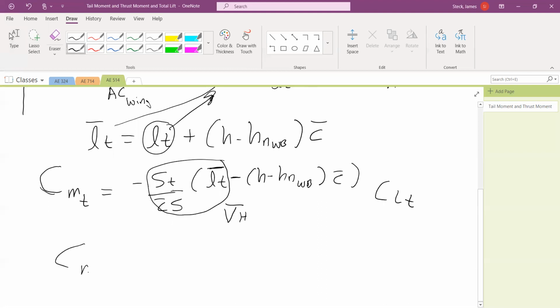So you get CMT, VH bar, CLT, plus this extra part that we get because we changed the distance that we were measuring to the tail definition.